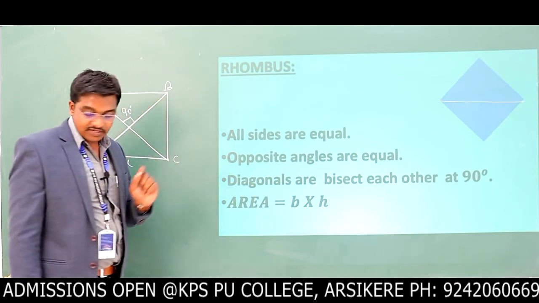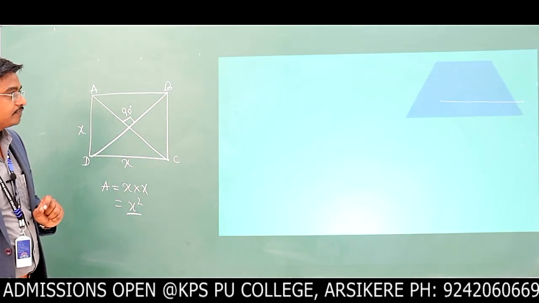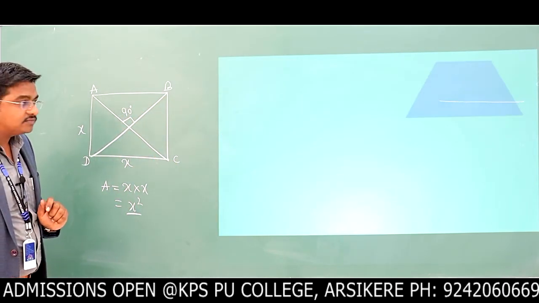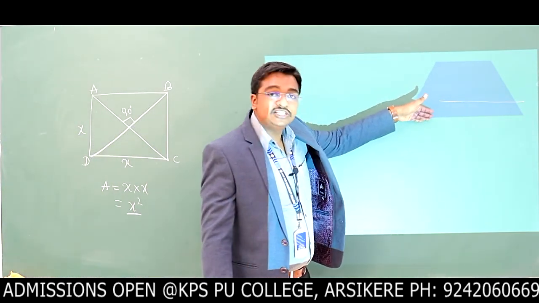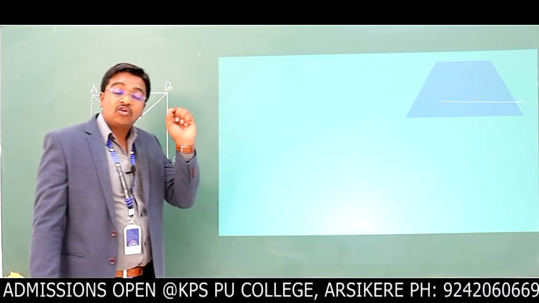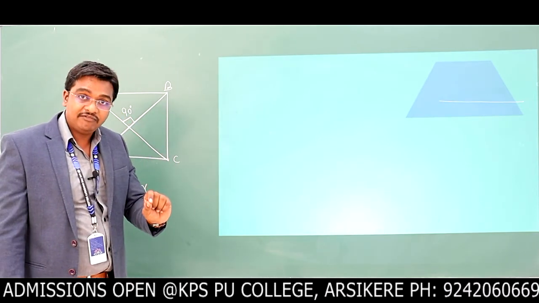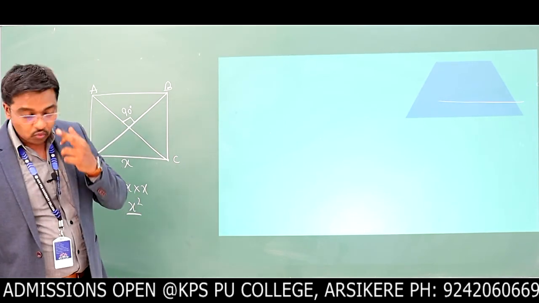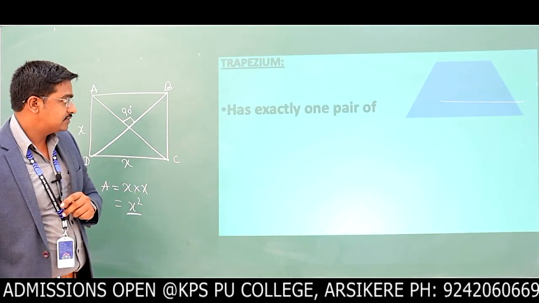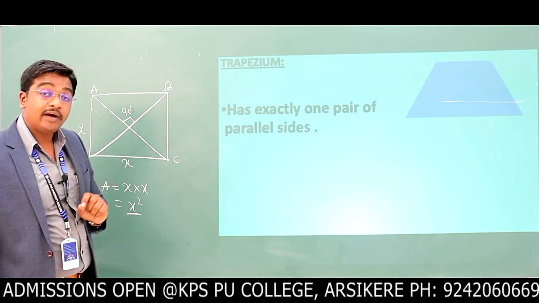Next we discuss the trapezium. This is important. Observe the diagram: this side and this one, these two are parallel. It means a trapezium is a quadrilateral having exactly one pair of parallel sides.